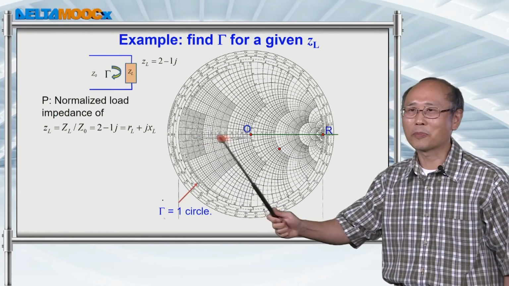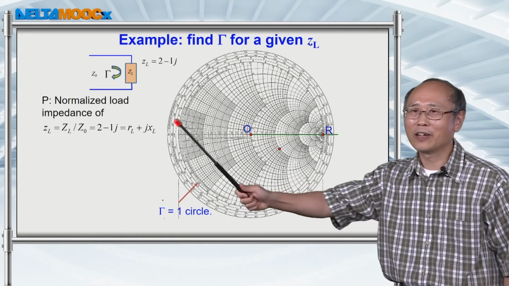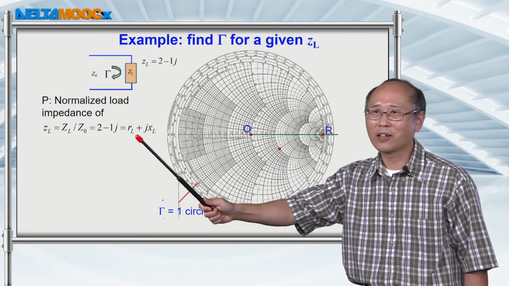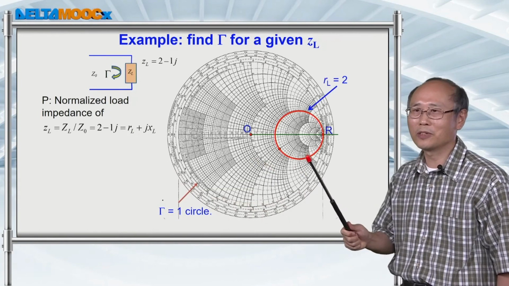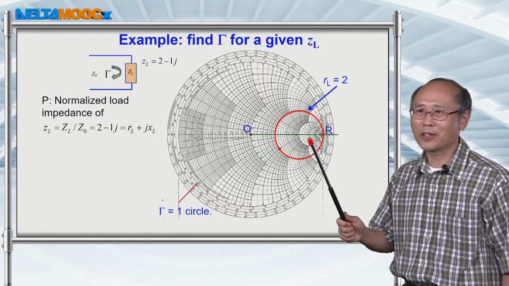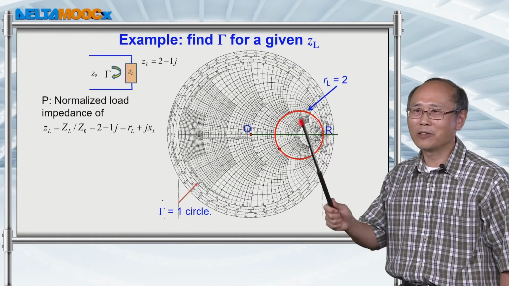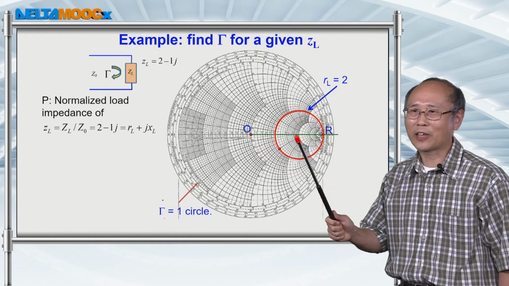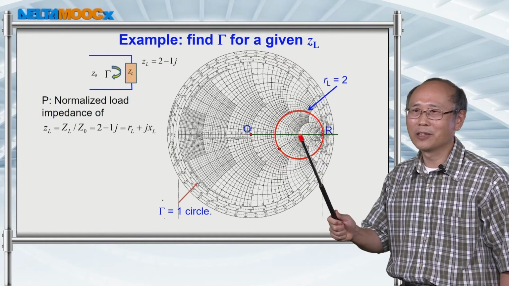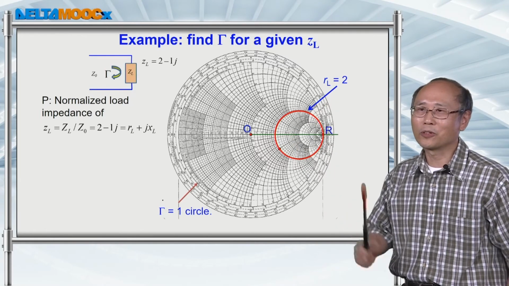And if you just look carefully at the labels of those values on this Smith chart, then you can see that the RL circle corresponds to this one. And as a reminder, I just told you that for a given RL, the circle will have its center on the real axis. So this circle corresponds to RL equal to 2.